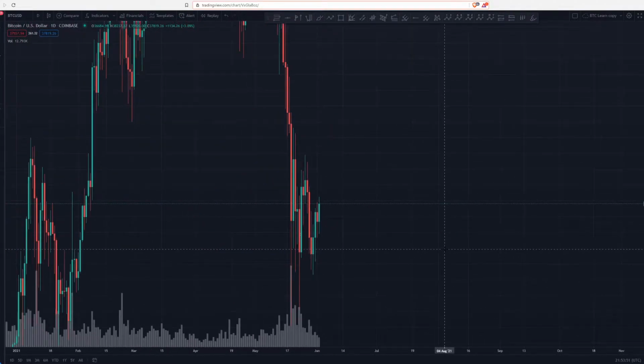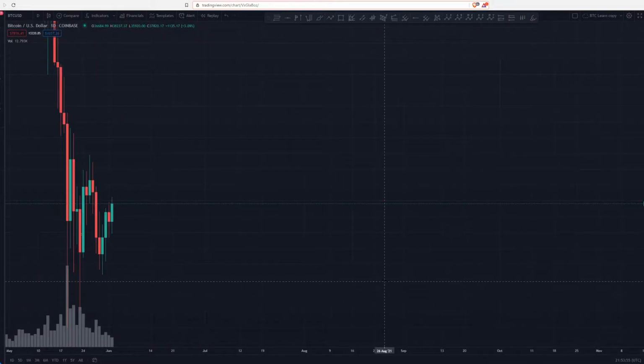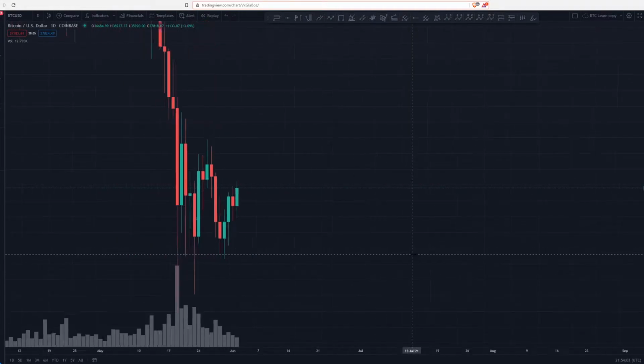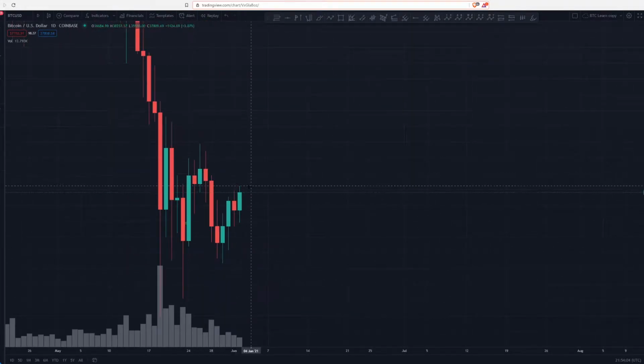As a general rule of thumb, higher term time frames have much more weight than lower term time frames. If an asset like Bitcoin is going down on a daily basis, that's more powerful overall than if you zoom in to the last hour and it's going up on the 1 minute basis.